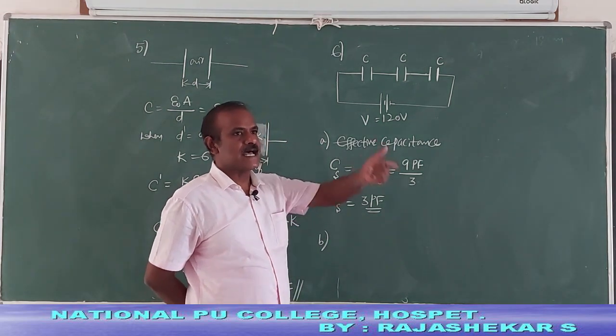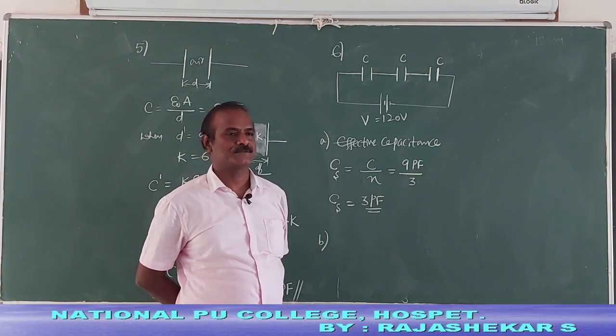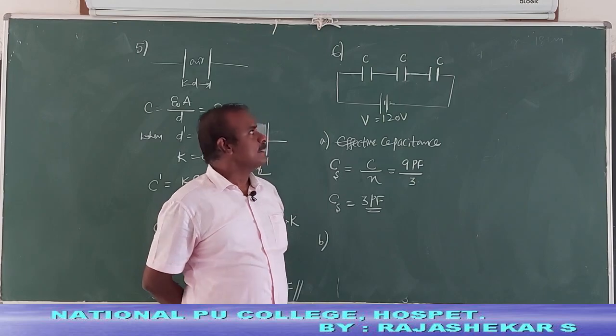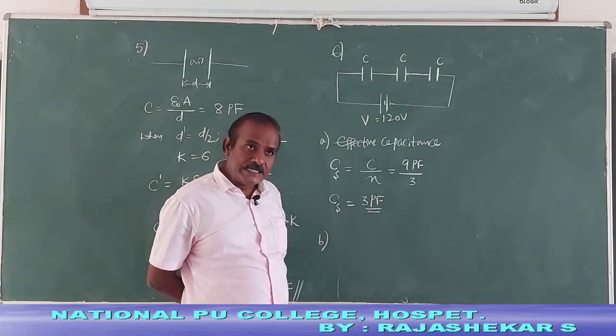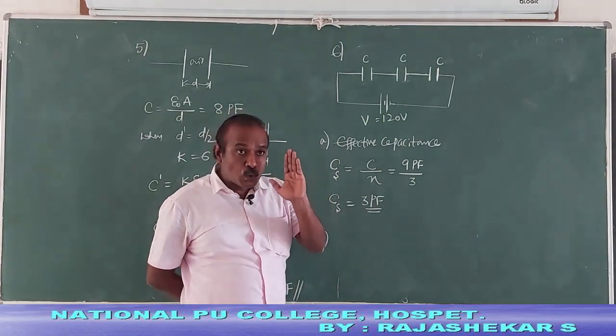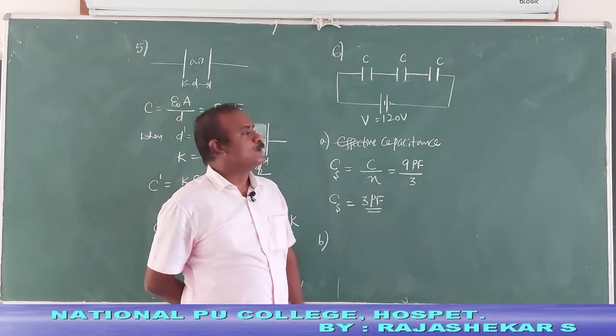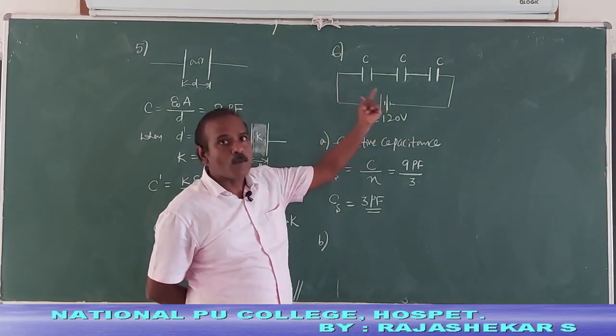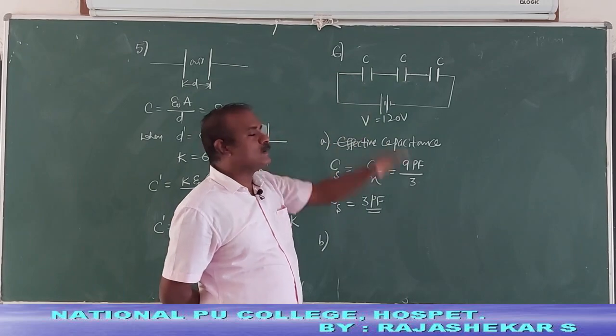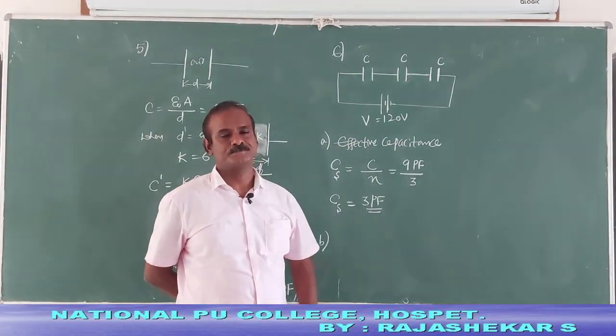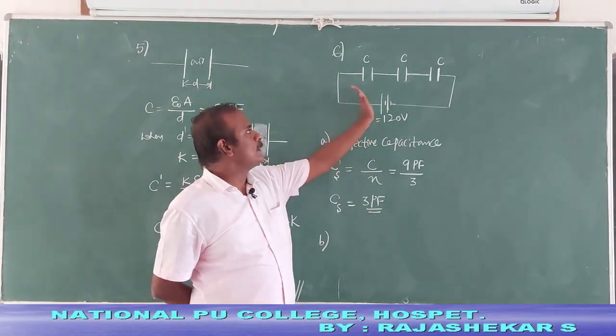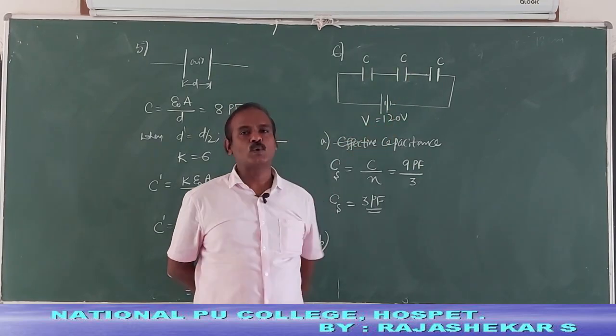Potential divides as the inverse ratio of capacitance. However, in this case the capacitors are all identical, so potential will divide equally. So 120 volt will divide equally among 3, so each one will get how much? 40 volt. 40 plus 40 plus 40, 120 volt.